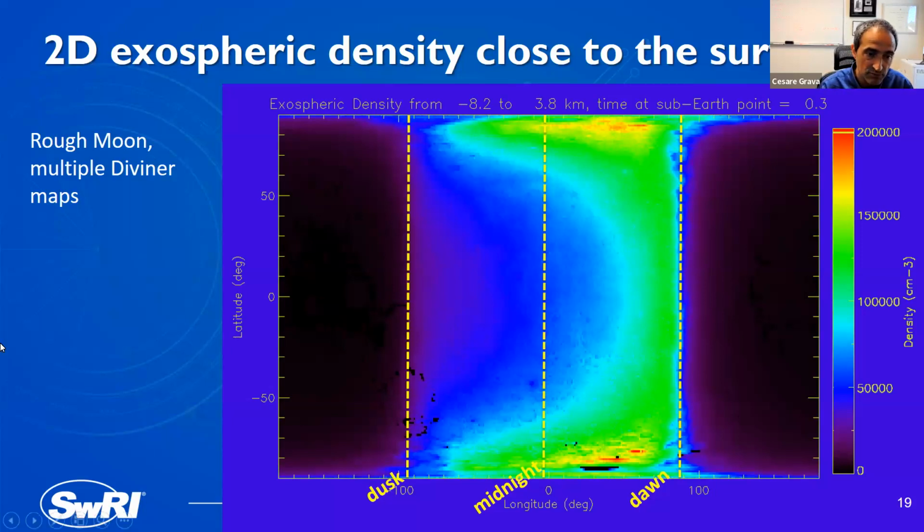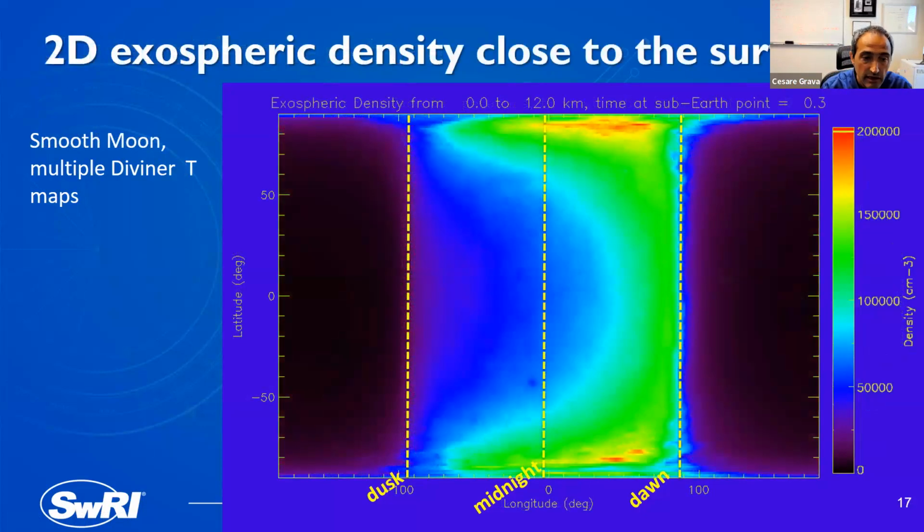You can see these black spots here are, in this case, because I'm using a grid which starts at the lowest point of the Moon and has about 12 kilometers of altitude. So some of these craters are still entirely occupied by rock, and that's why they show up as black.